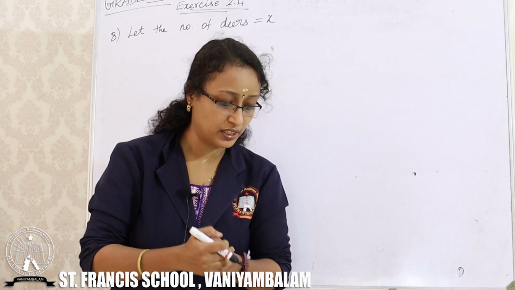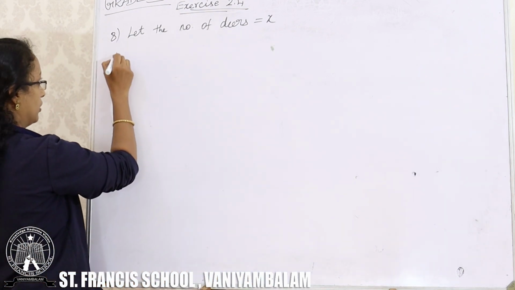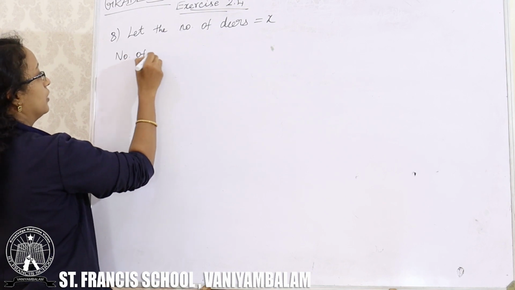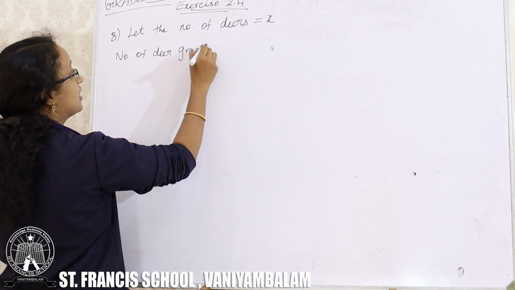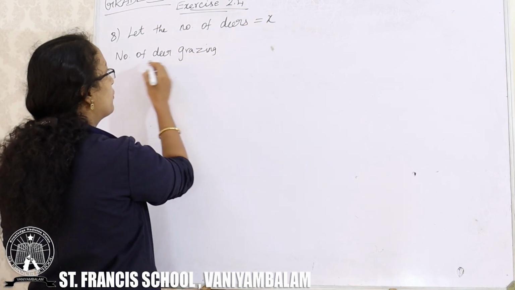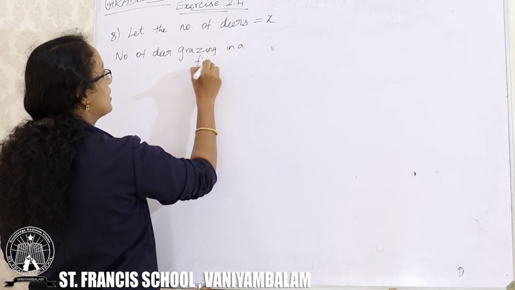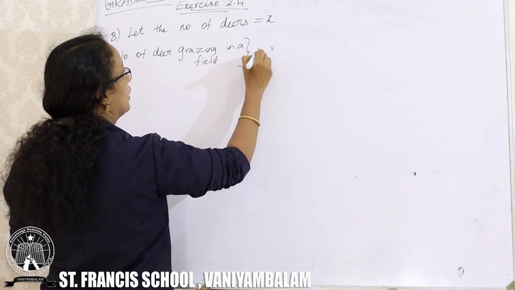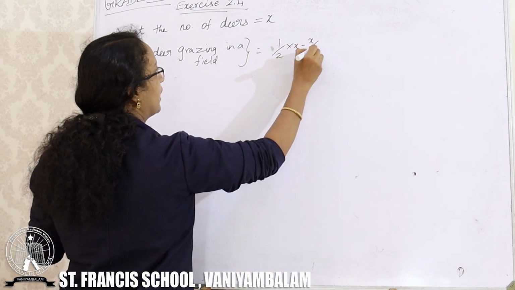Half of the herd of deer are grazing in the field. So the number of deer grazing in the field is half of the x, that is x by 2.